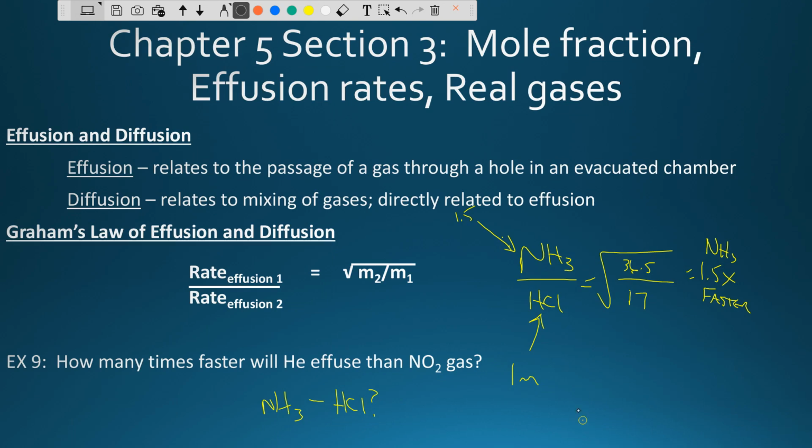If my hydrochloric acid is going 10.3 meters per second, then ammonia goes 1.5 times faster, so if I multiply that by 1.5, my NH3 will be going 15.2 meters per second. So you can see what we're doing and why I added this other problem. We can see how many times faster, but I can also see, if something went a certain distance, how far the other one will have gone.